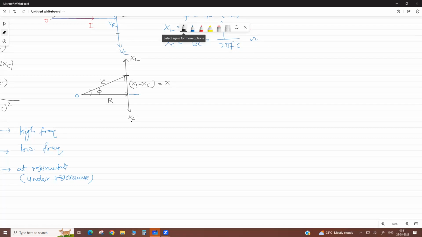So if your XC is greater than XL, in that condition this diagram is: this is R, then the XC part is more, and this is your XL, so this part we subtract here. Then your net reactance is XL minus XC. So it comes negative, no?